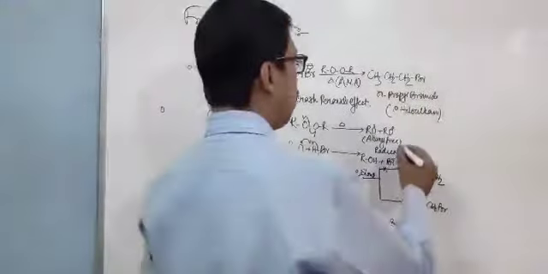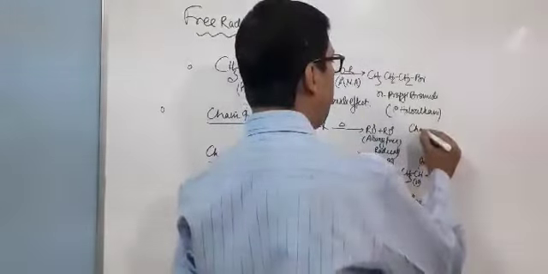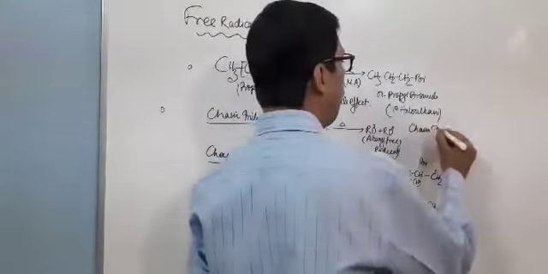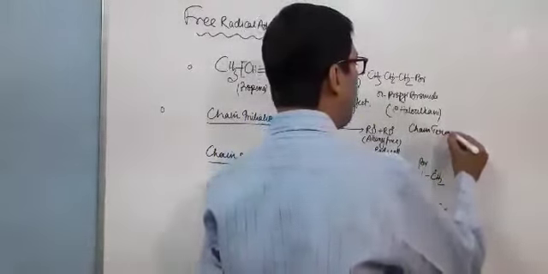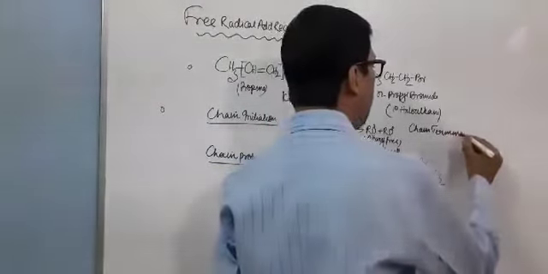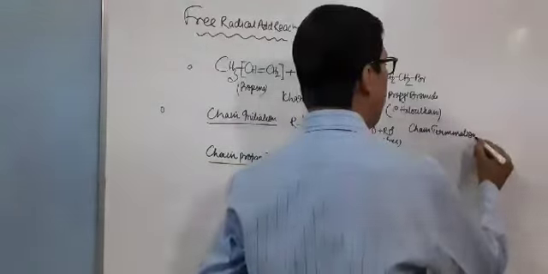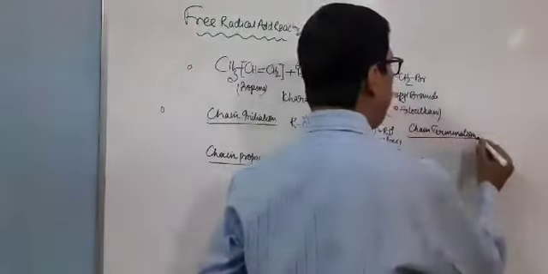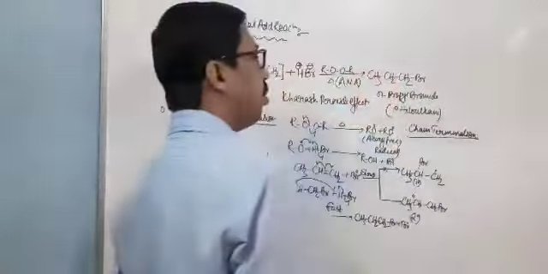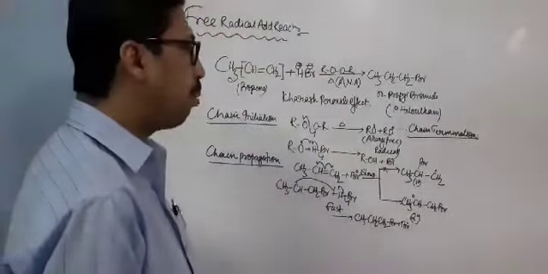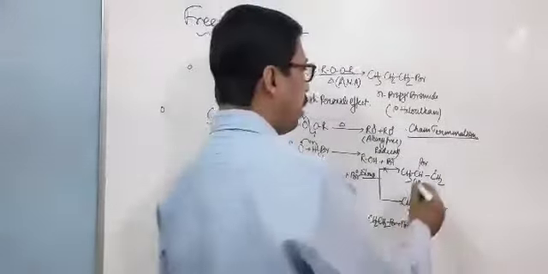Now at the last we have the chain terminating step. Terminating means the removal of chain growth by combining the free radicals.